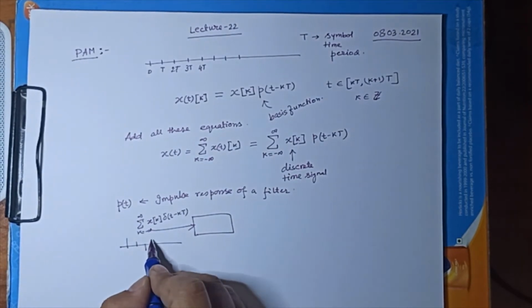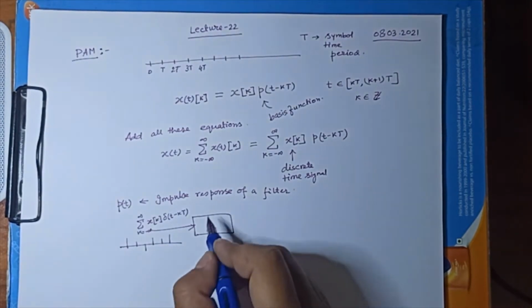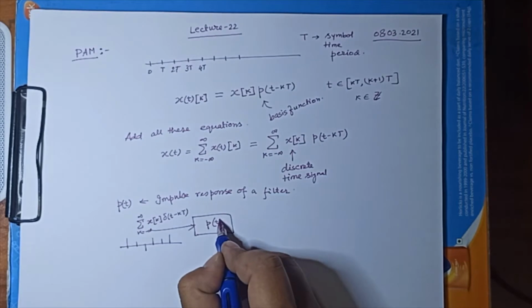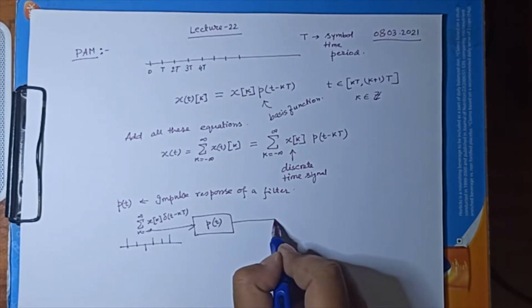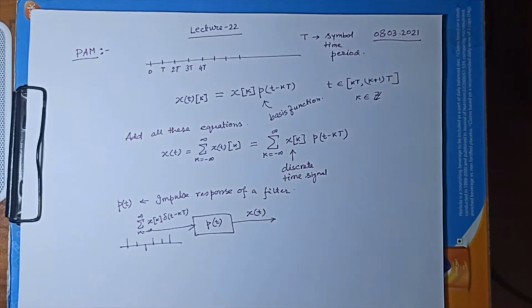Whatever be the x_k value at different time instances, you are passing it through the filter with impulse response p(t), then the output will be this x(t), isn't it? So you can think in this way as well.